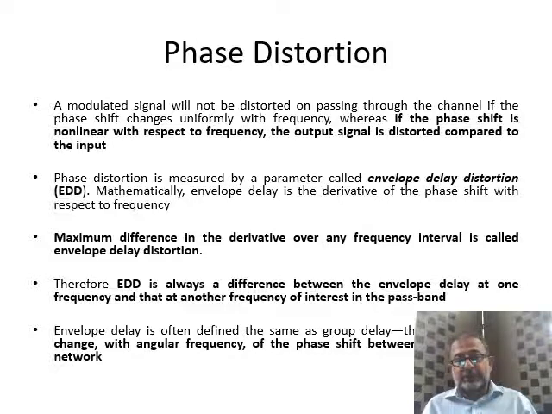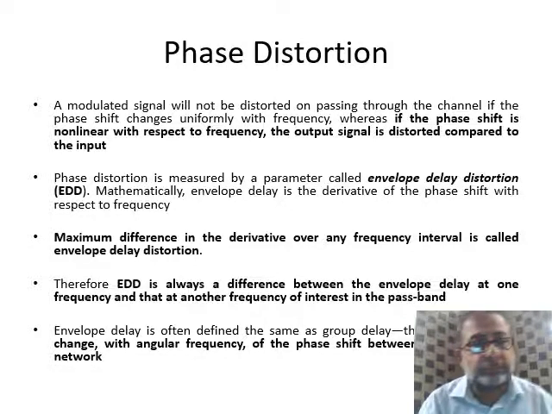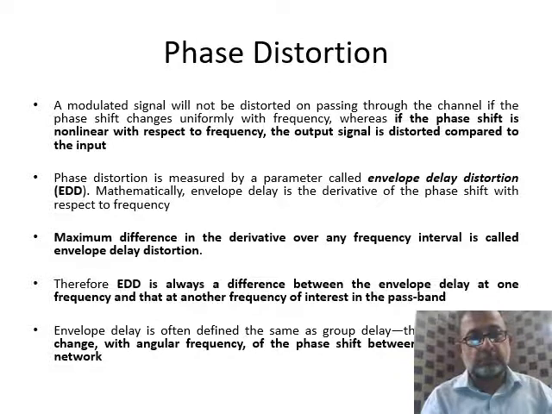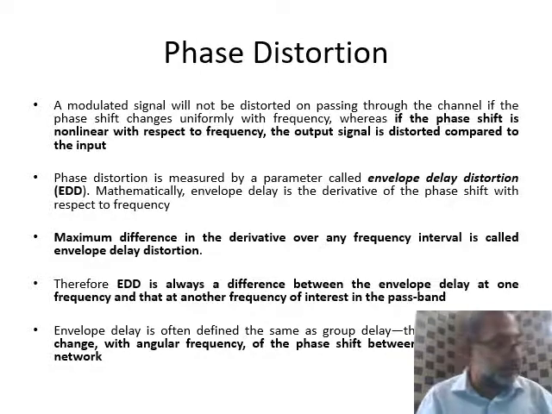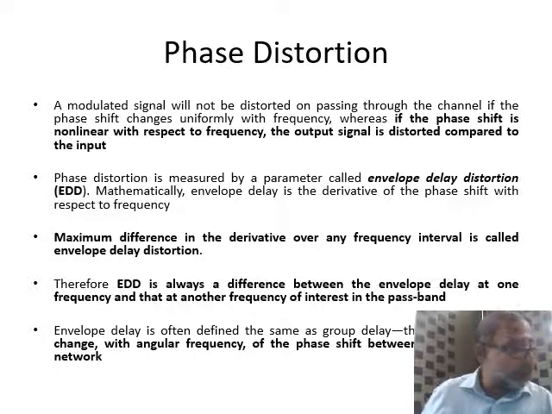So, envelope delay is often defined as the group delay. Now, group delay means the ratio of change with angular frequency of the phase shift between 2 points in the network.